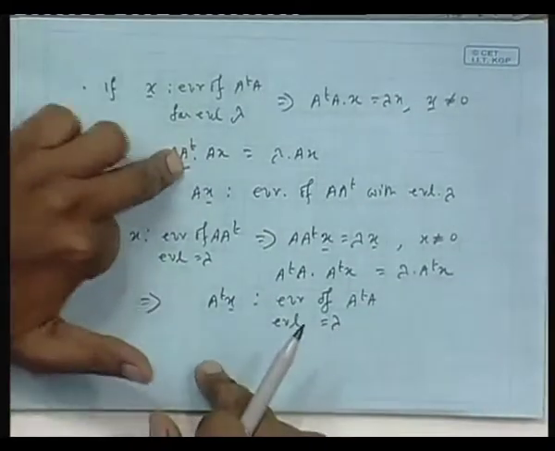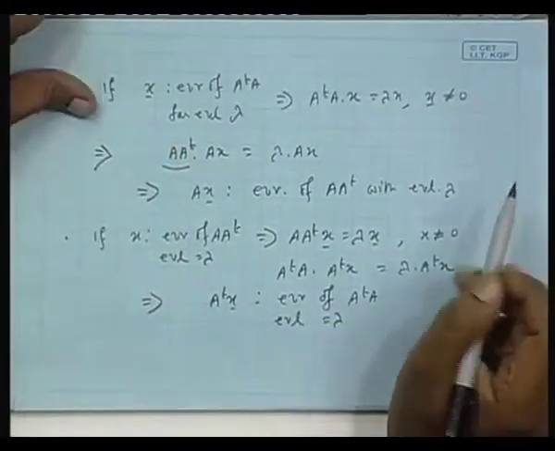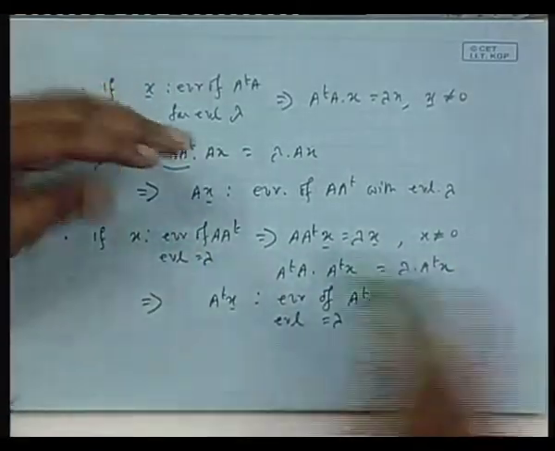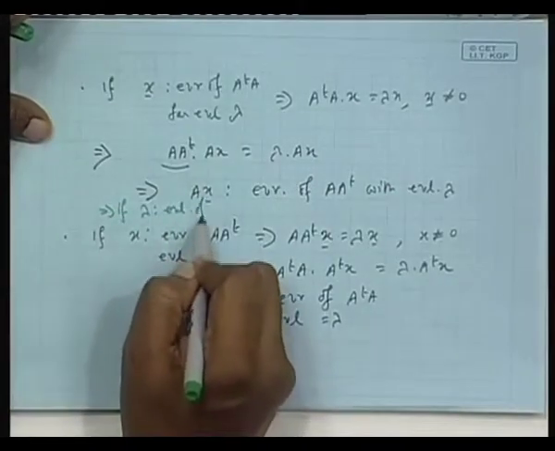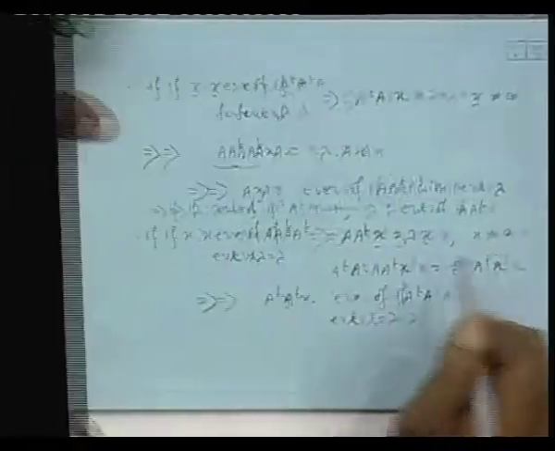This means if lambda is an eigenvalue of A transpose A, then lambda is also an eigenvalue of A transpose, and if lambda is an eigenvalue of A transpose, then lambda is also an eigenvalue of A transpose A. This only means that A transpose A and A transpose have the same eigenvalues.